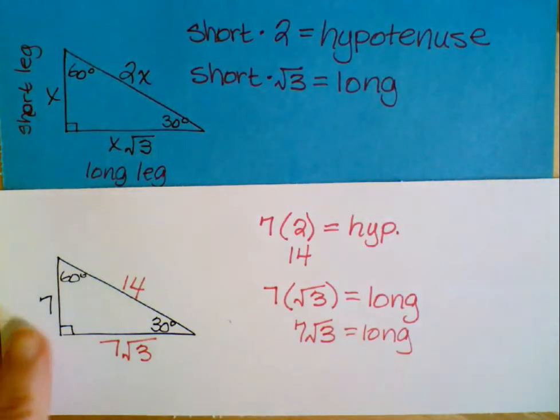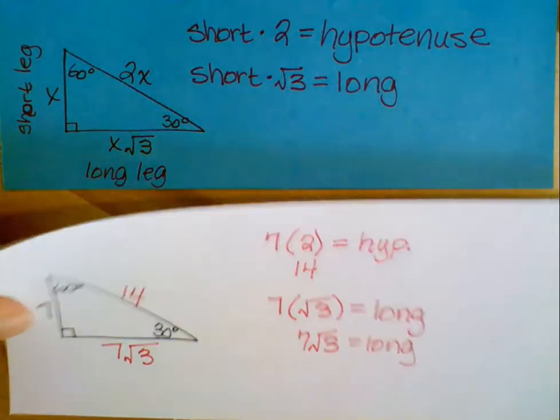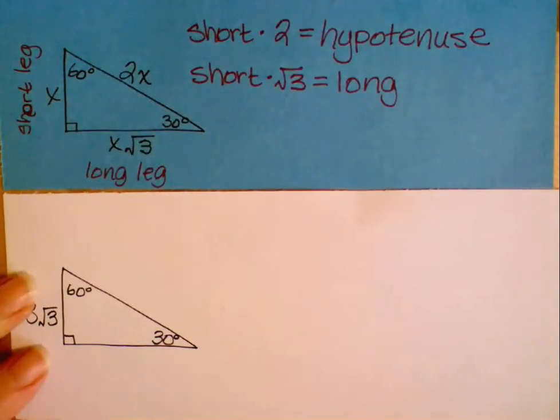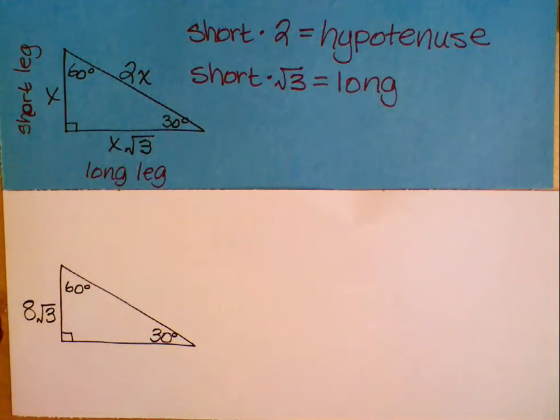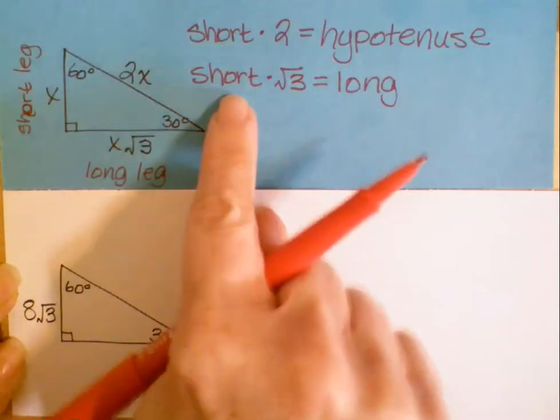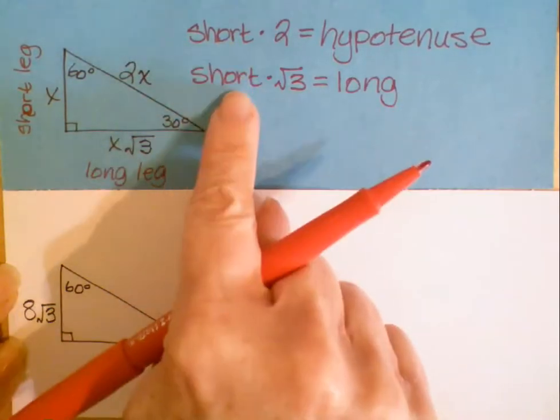Now, aside from being given a whole number value, you could also be given for that shorter leg a length that's either in fractional units or, as we see here, something that involves a radical. But the process remains the same. So we know this 8 root 3 is the shorter leg because it's opposite the 30-degree angle, which means it can substitute in both of these positions.